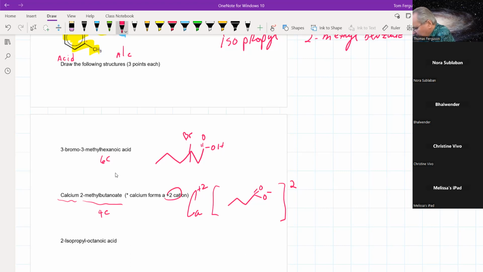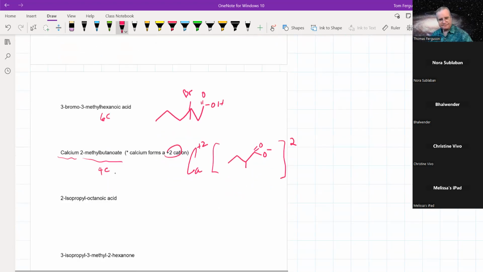And the calcium, because it's an alkaline earth metal group, they all form +2 ions. So that would be what it looked like on 2 methyl, the methyl group there. Make sure you enclose the ionic compound in square brackets.